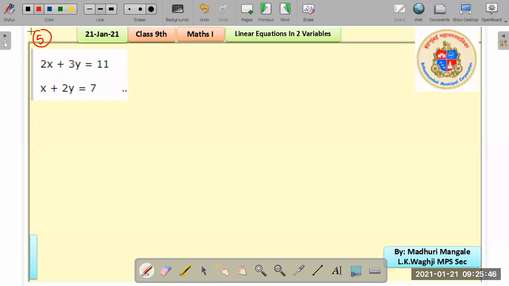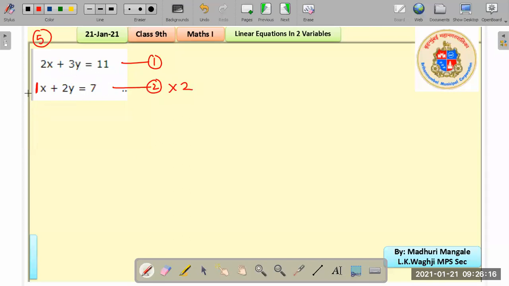Look at the x terms and the y terms. So the x terms are 2x and x, and the y terms are 3y and 2y. So which terms can you make the same? Either you multiply both the equations to make the y terms the same, or, very easy, here the x is 1. So whenever the coefficient is 1, you multiply it with the other coefficient. So we multiply equation 2 by 2.